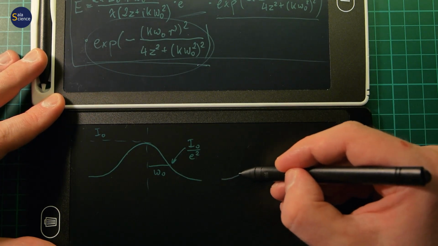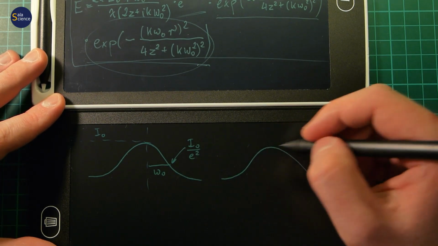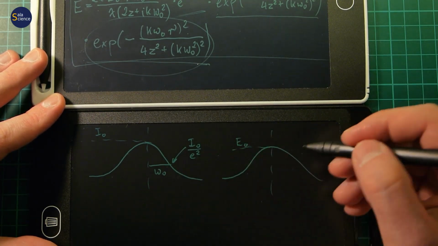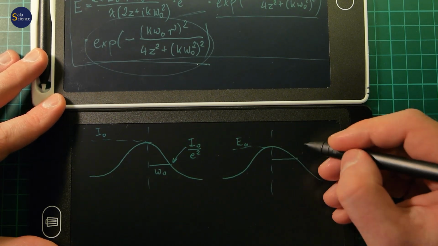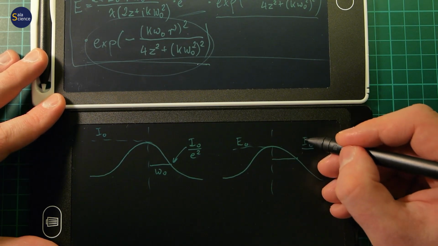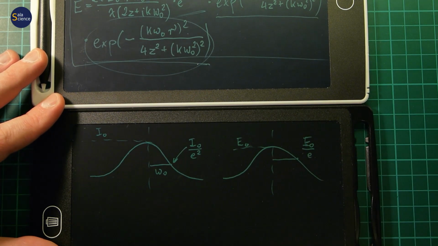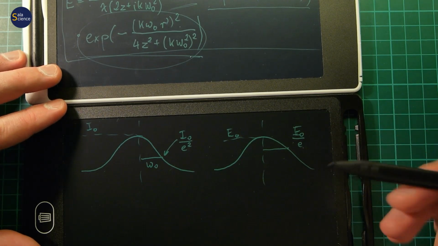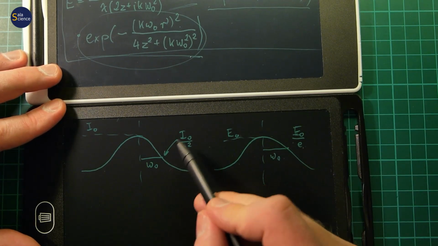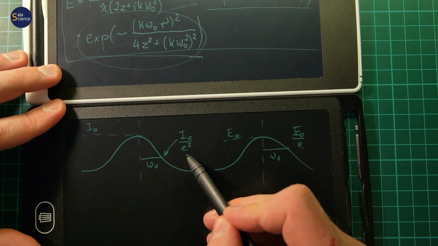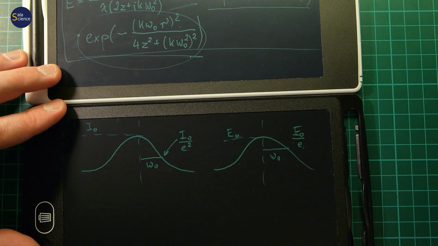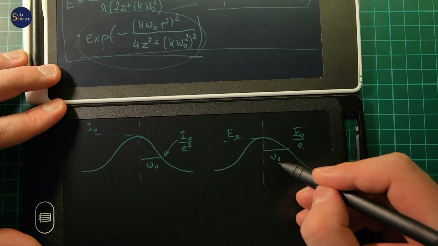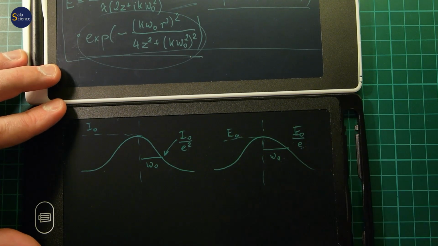But if you take the distribution of the electric field, and here we have E naught, then the same width will be for E naught over e. So it will be at the point where the electric field drops e times, or at the point when the intensity drops e to the power of 2 times.